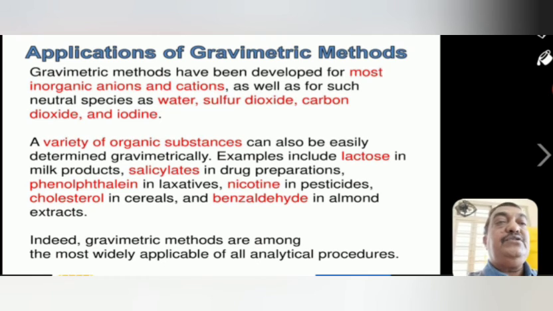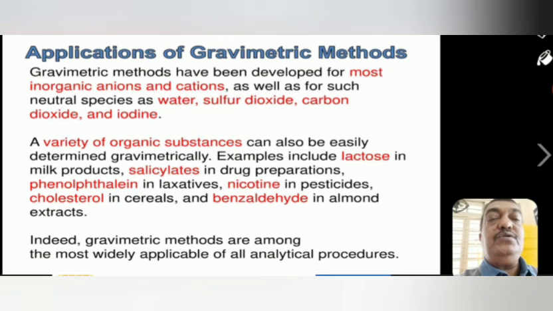Then, application of the gravimetric method. The gravimetric method has been developed for most of the inorganic anions or cations, as well as such neutral particles as water, sulfur dioxide, carbon dioxide and iodine, etc. A variety of organic substances can also be easily determined gravimetrically.